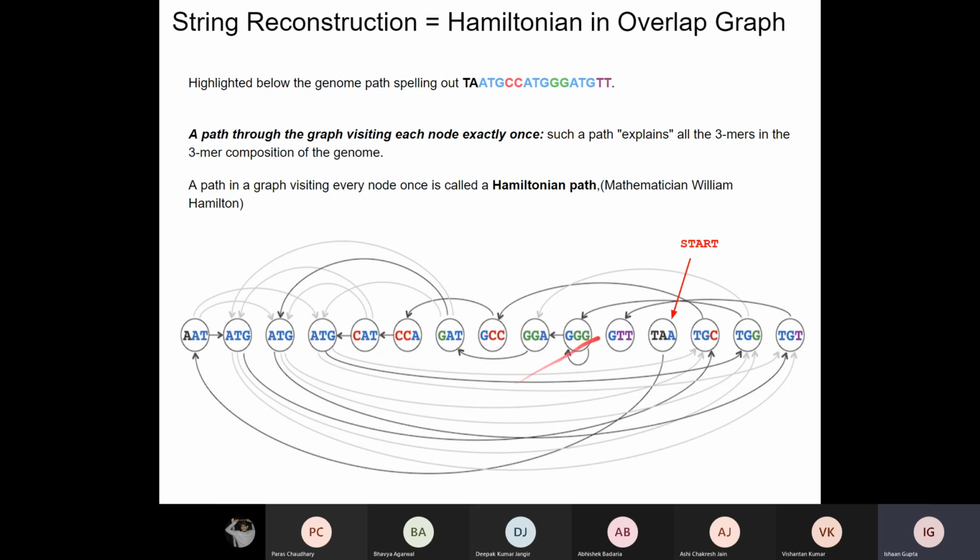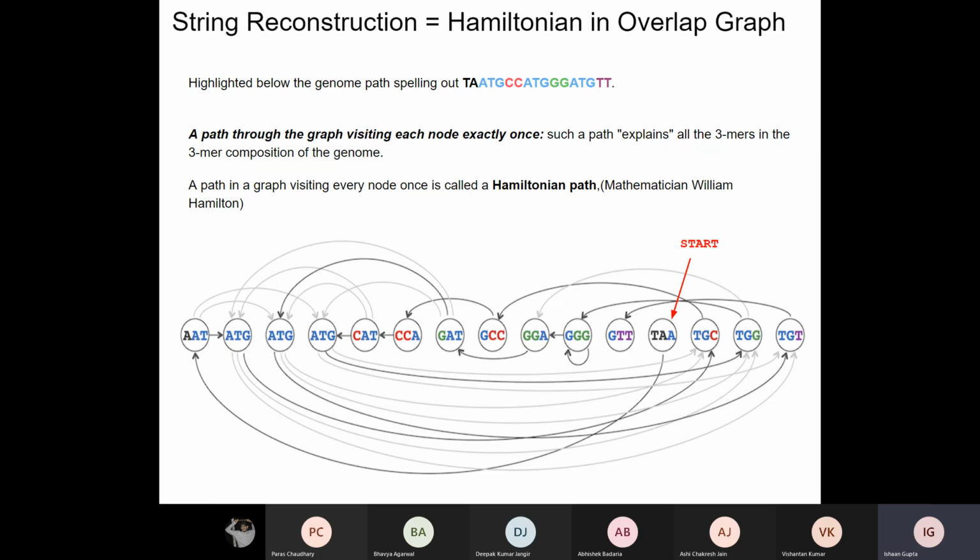The other thing that you would have noticed, that I talked about in the last class, is that because there are certain repeats here, ATG is repeated. Because of this, you are not going to have a single unique path. You might be touching all the nodes and have a completely different sequence.